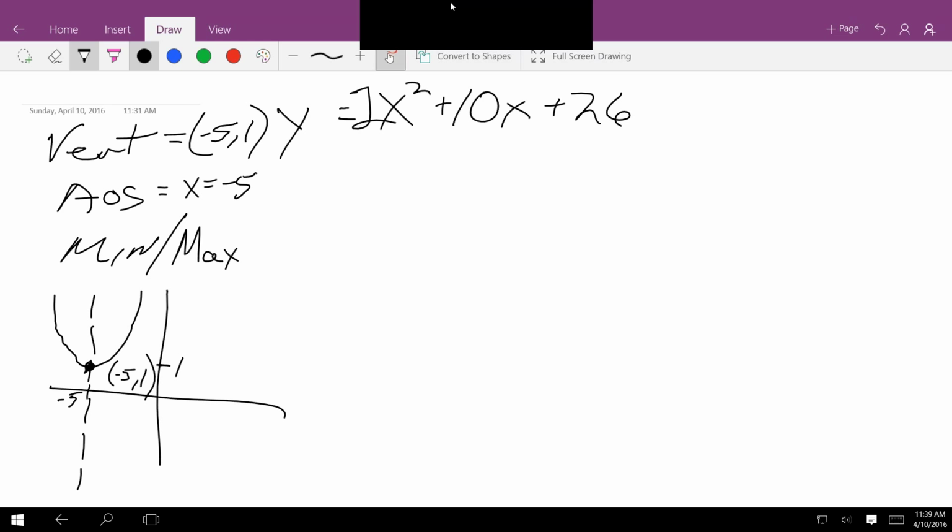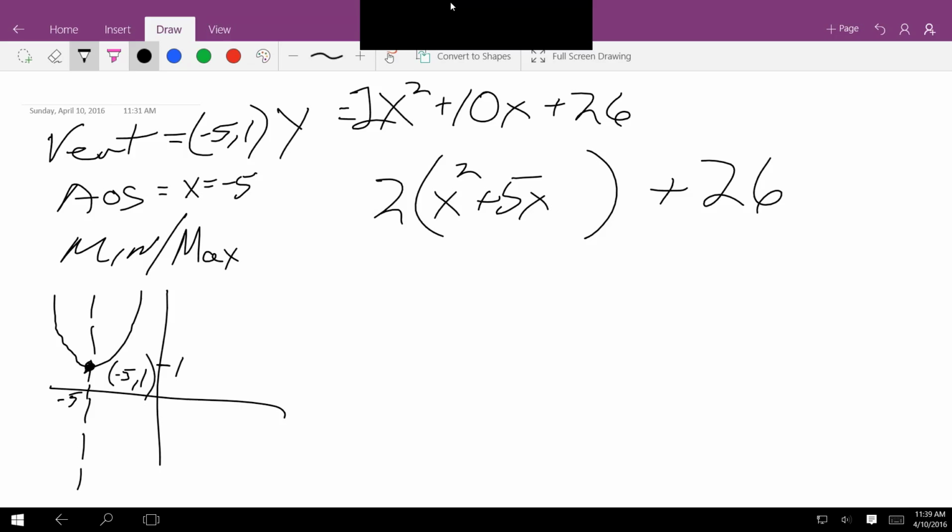Now I got to factor out the 2, and that turns that to 5x. I still got my 26 out here. I can only complete the square if the coefficient is 1. So no matter what this coefficient is, you got to factor it out before you can complete the square.